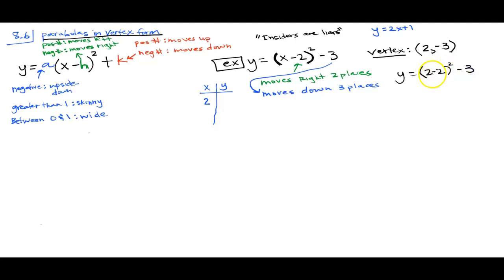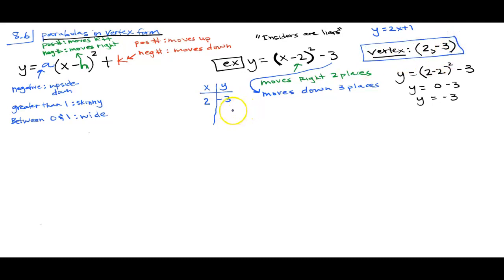Well, 2 minus 2 is 0, 0 squared is still 0, so I have y equals 0 minus 3, which is -3. So when I put 2 into the function, I get -3 out. That is a point on the graph, and it's a very specific point that we need to know. It's the vertex.